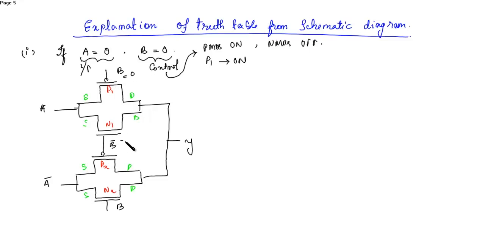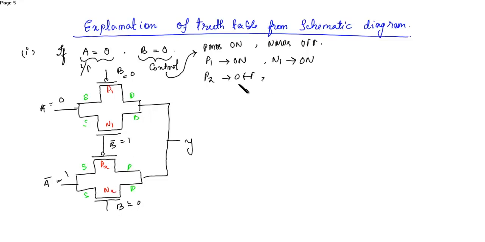B is 0, B bar is 1. Here A is 0, here A bar is 1. So now B bar is 1, so here N1 will turn on. Okay. Here B bar is 1, that is 1 is applied to the PMOS, so P2 will turn off.